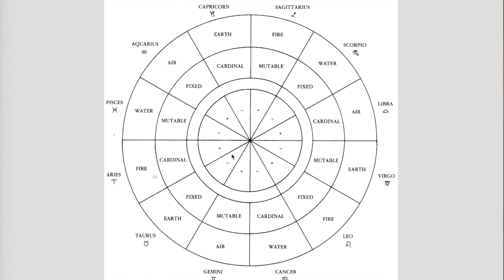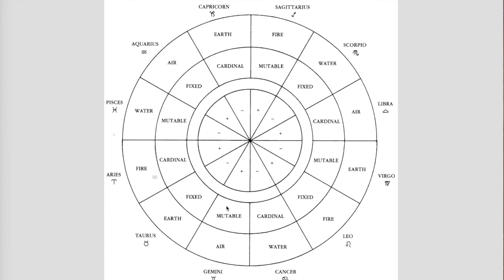When you have energy moving in one direction, there's a balancing force moving in the other direction, keeping everything stable and still. Then when we move out to the cardinal, fixed, and mutable, the three main phases of matter, I think about the three phases of water, ice, and steam, three different ways to express the one element.